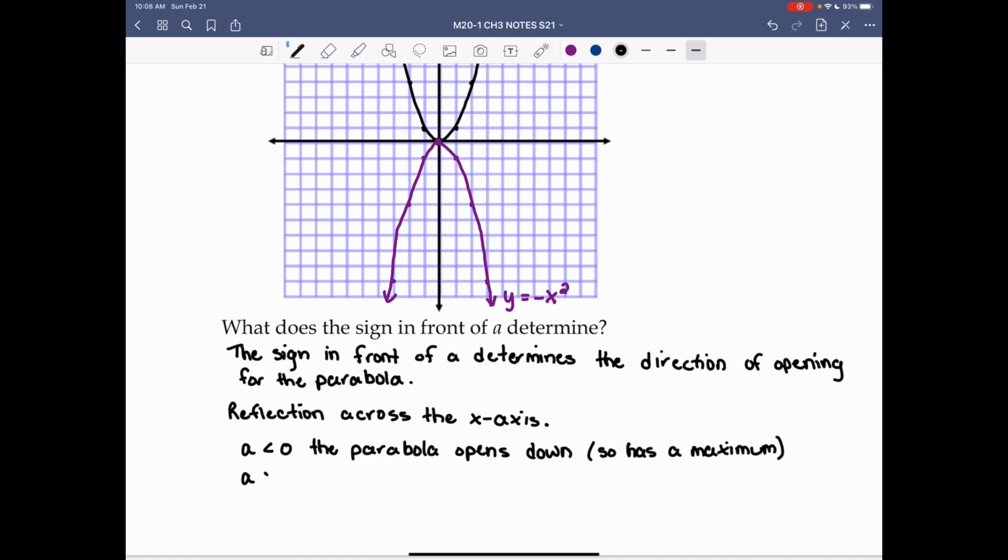And when a is greater than 0, the parabola opens up, so has a minimum.